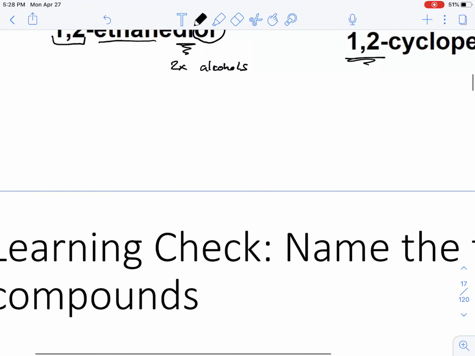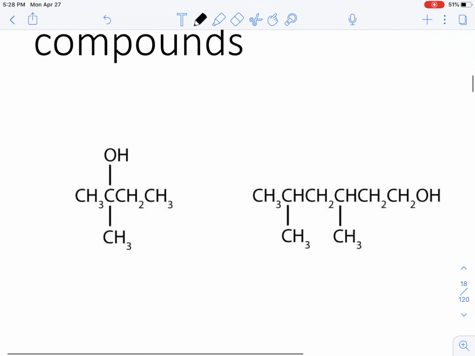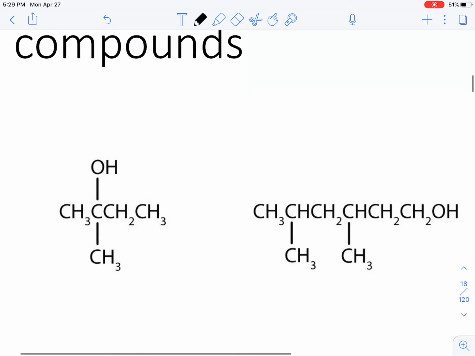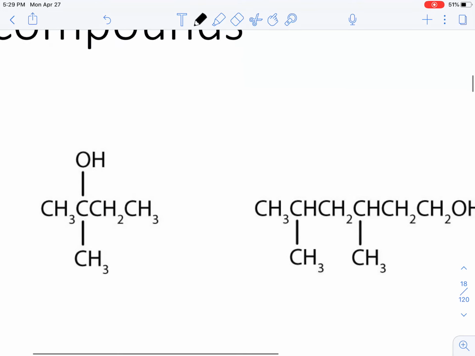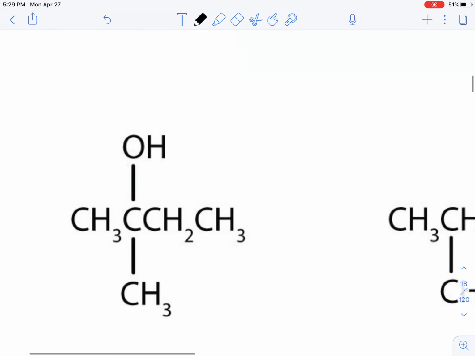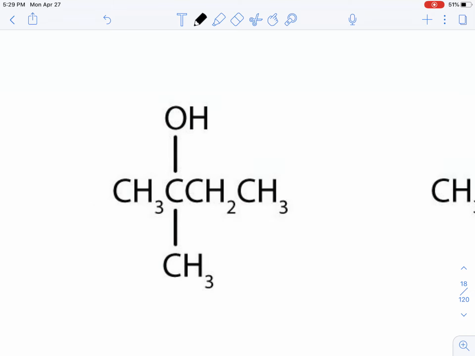All right, so let's go ahead and go through some examples just to better understand how to piece all of these pieces together. So let's go ahead and look at the first one. This is a condensed structure depiction of this organic compound. So my first step is to figure out my longest consecutive chain that contains my alcohol. So here we have 1, 2, 3, 4.